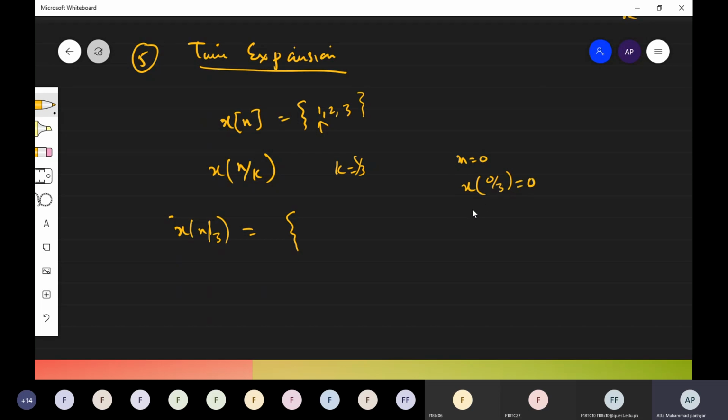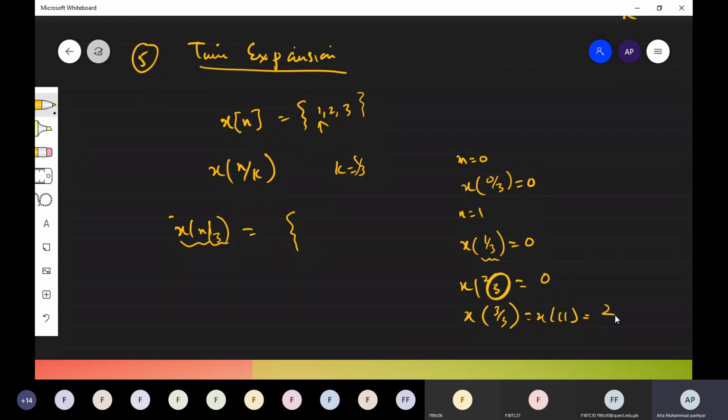If n is equal to 1, then we get 1 by 3, so this signal must be 0 again. What about n equal to 2? 2 by 3, we know discrete time signals do not exist at non-integer values, so this is again 0. What about n equal to 3? It's 3 by 3, which is equal to x of 1, and x of 1 is 2.